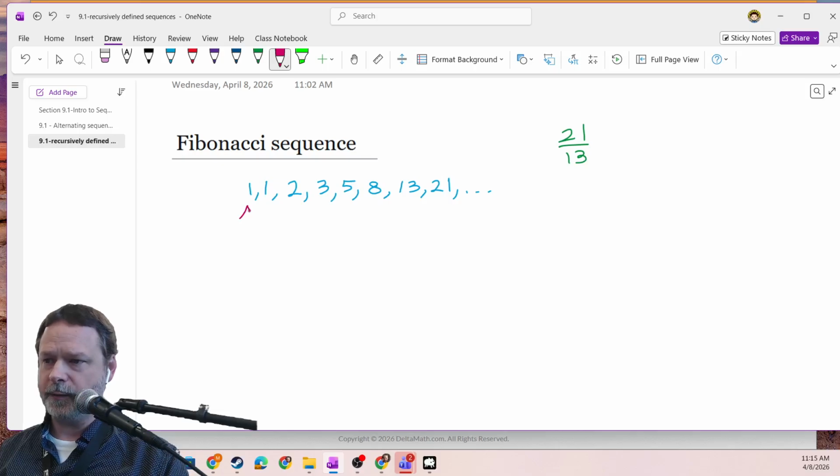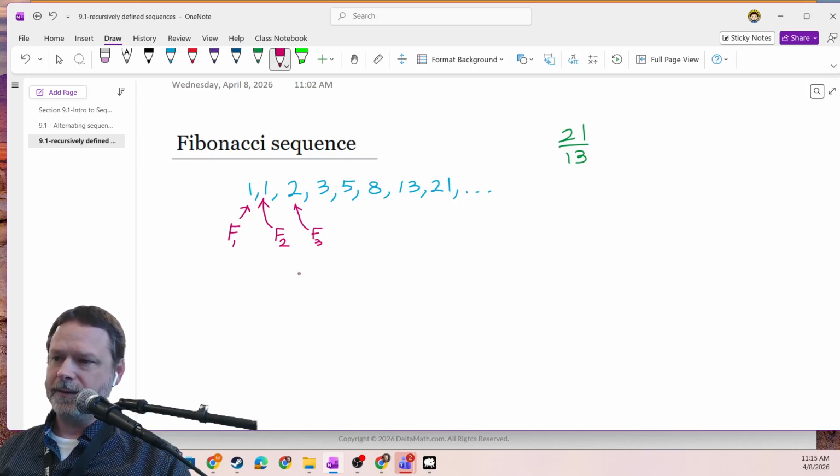If we call this one F1, our first term, and I'm using capital F because whenever you see capital F, we're talking about the Fibonacci sequence. This would be my second term, F2. Here's my third term, F3, and so on. Well, how do we get F4?